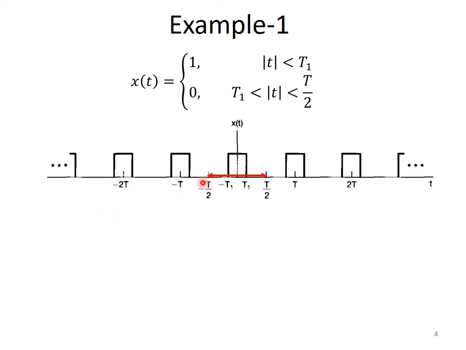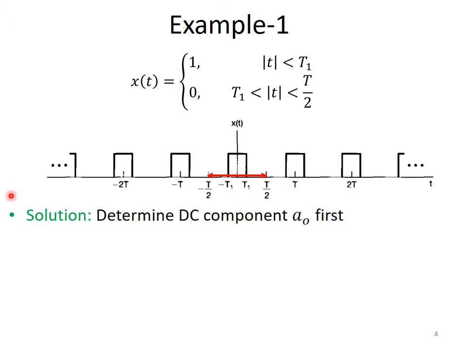As I told you, we are going to consider this period to compute the Fourier series representation. This period starts from minus T upon 2 to T upon 2, and in this period the value of the function is 1 as long as the time is between minus t1 and t1, and it is 0 elsewhere.